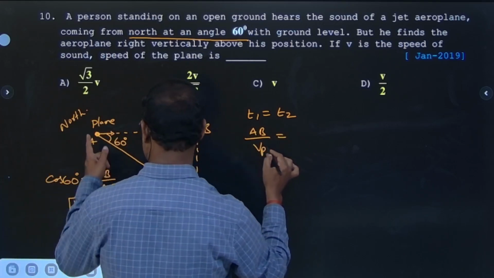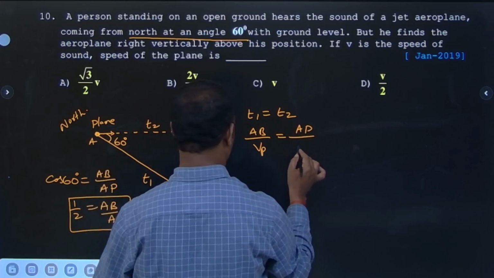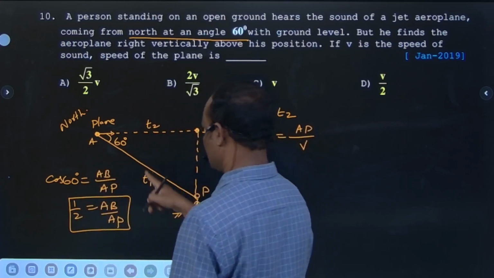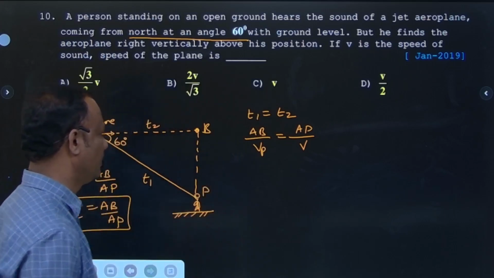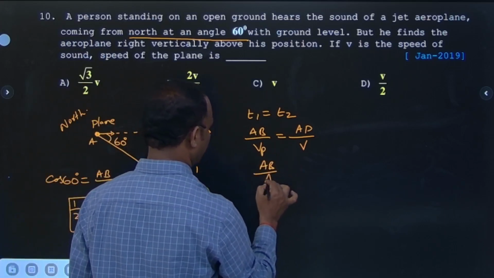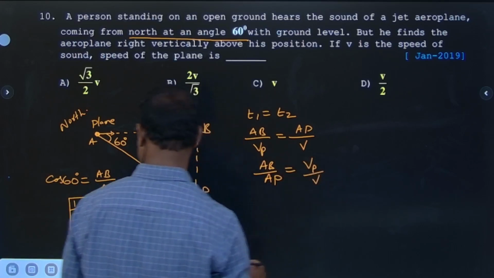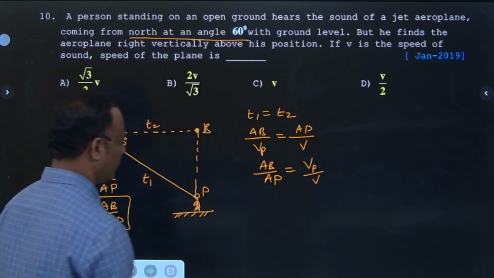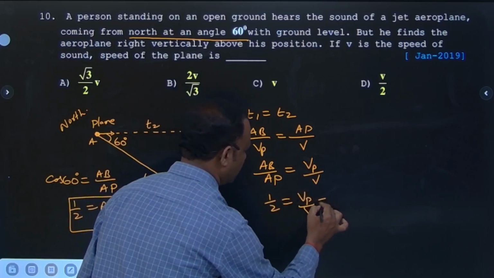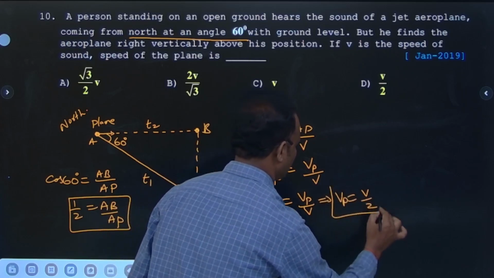T2 is AP by the velocity of sound V. So AB by AP is VP by V. AB by AP is 1 by 2, so 1 by 2 equals VP by V. Then VP is V by 2.